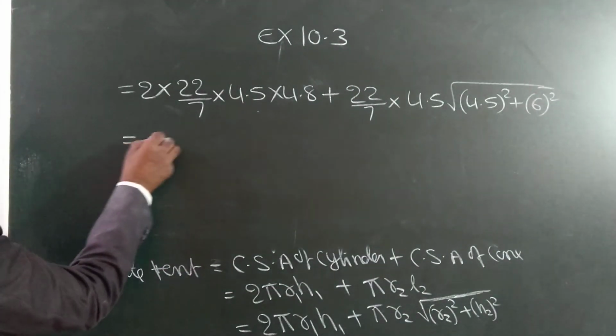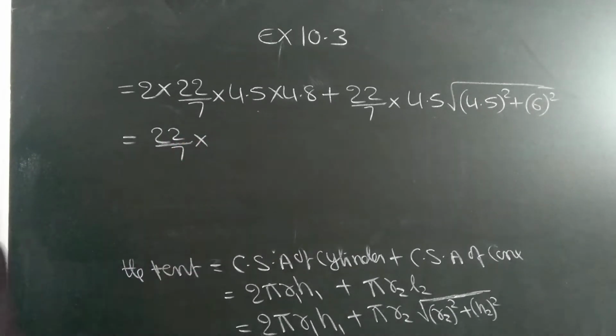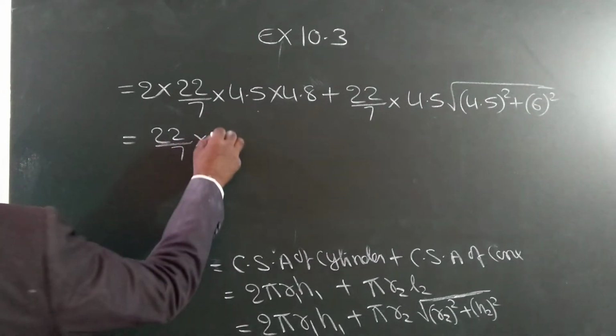See, for simplification we can take 22 by 7 common, and 4.5 also common.